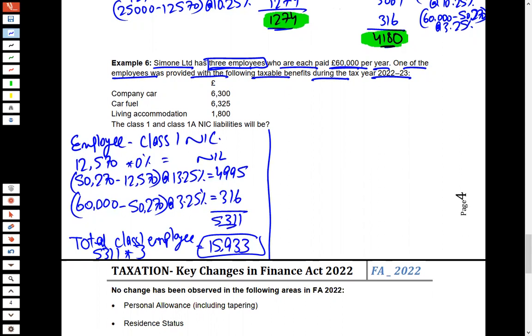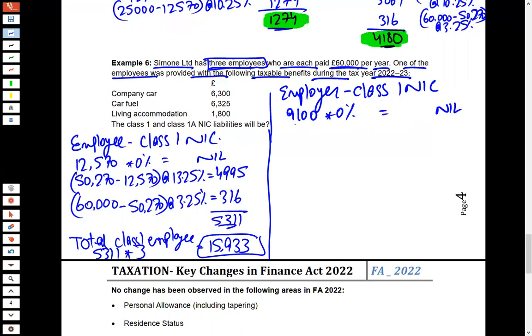The next is the employer class 1 NIC. The employer class 1 NIC would be, up till 9100, 0%, which works out to be nil.